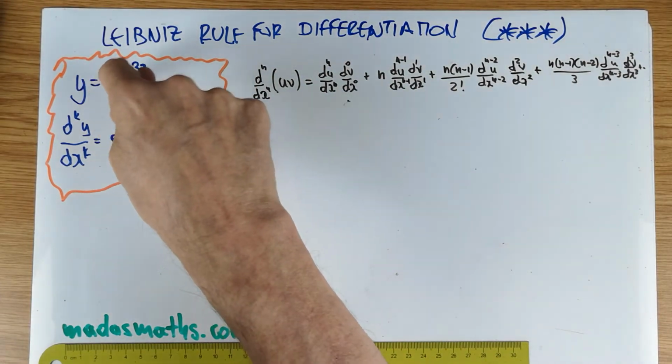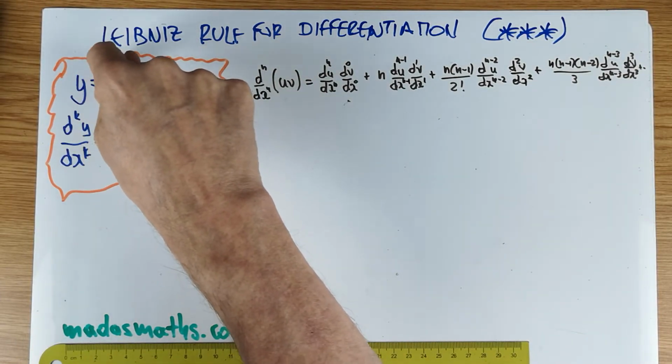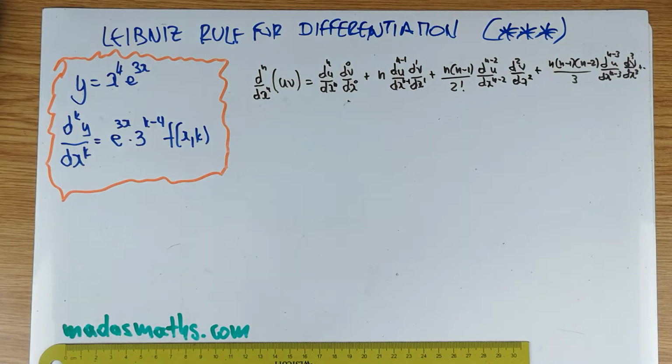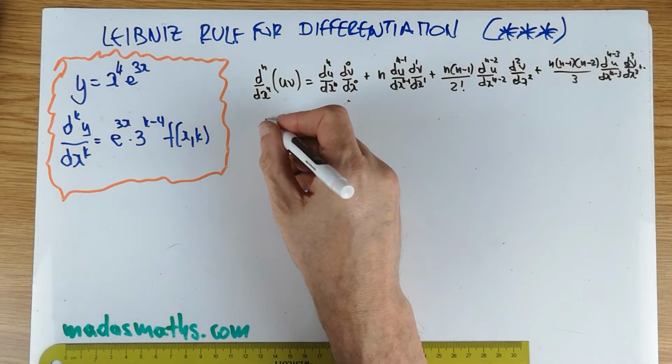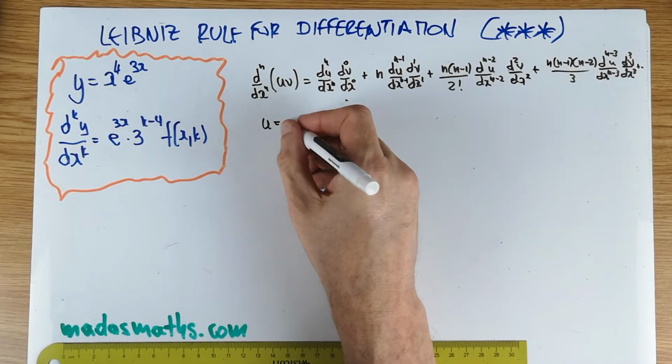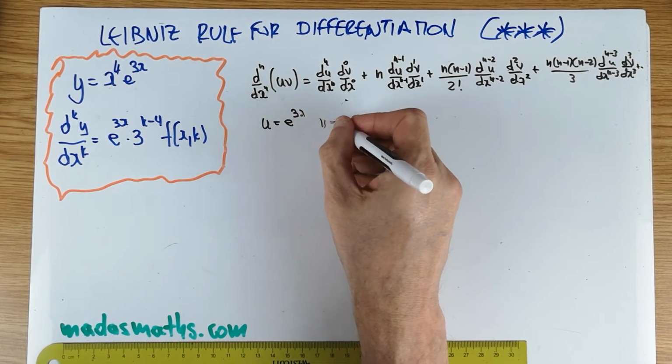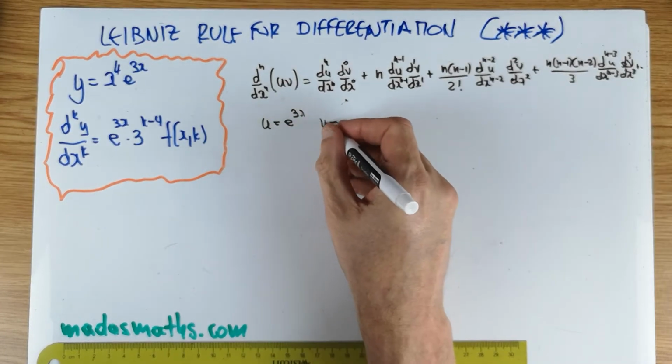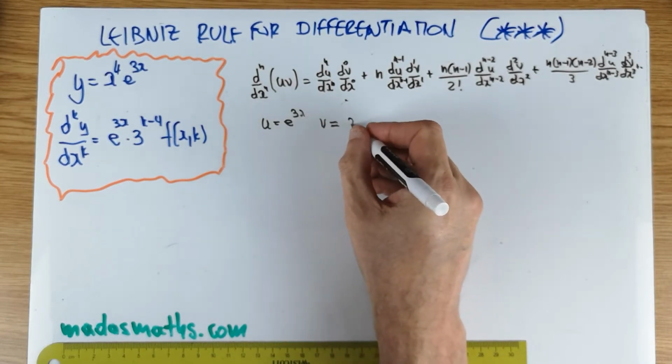So if we look at y now, we have a product of two functions. It hardly matters what you call u and what you call v, but the way I've written it, I'm going to call u my exponential and v I'm going to call my x to the 4.